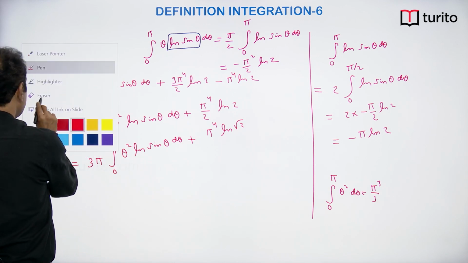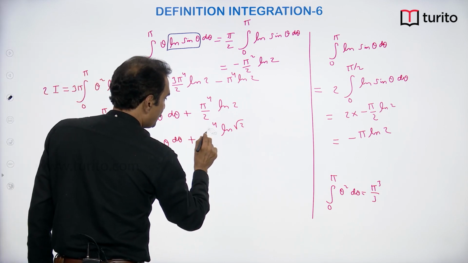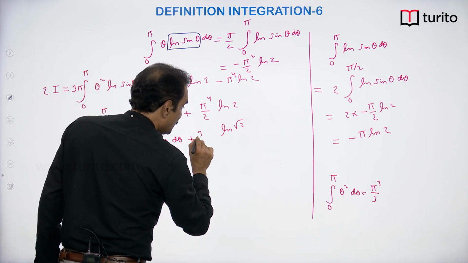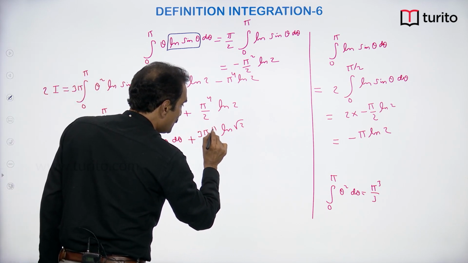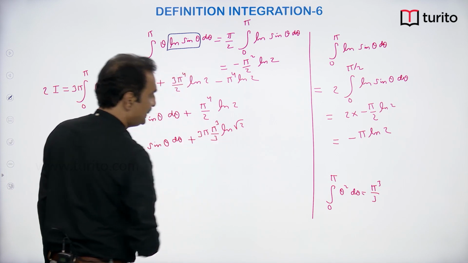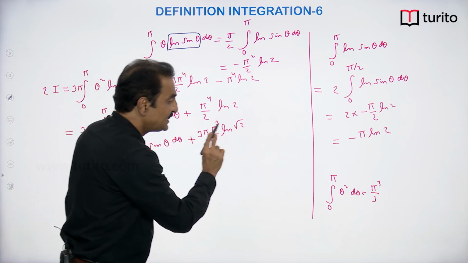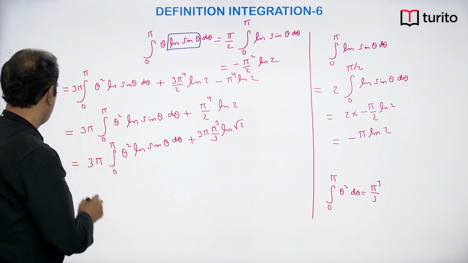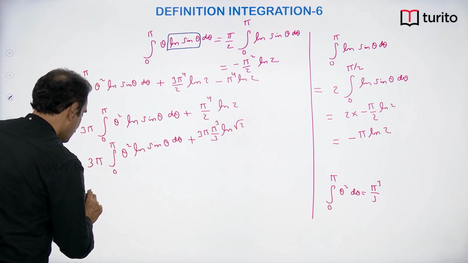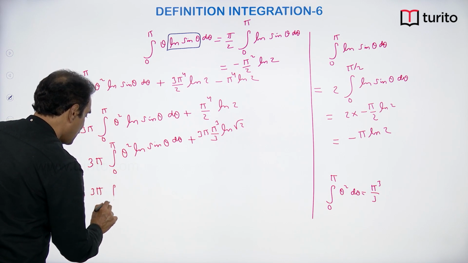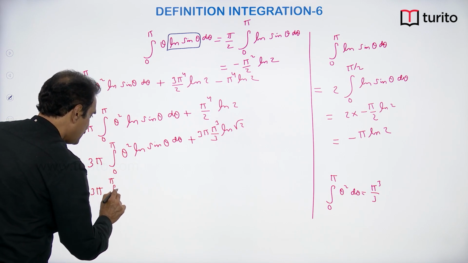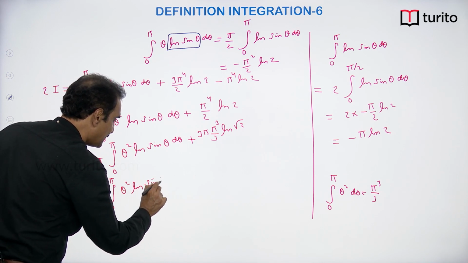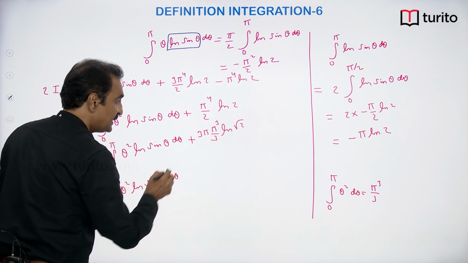I will write it as 3 pi into pi cube by 3. You can write this pi cube by 3 as integral 0 to pi theta square. So, 3 pi integral 0 to pi theta square into ln sin theta d theta.